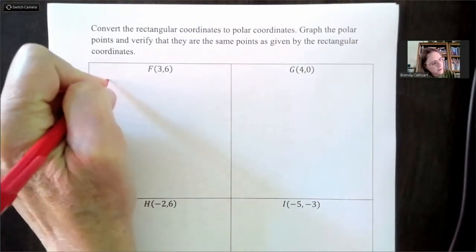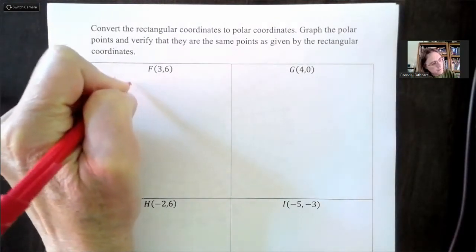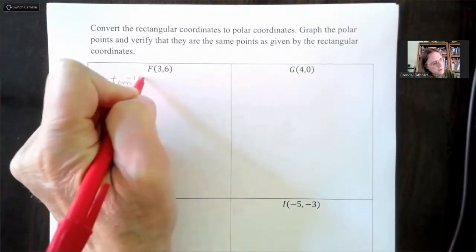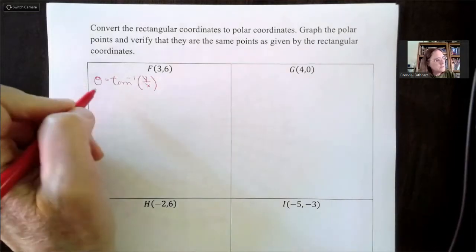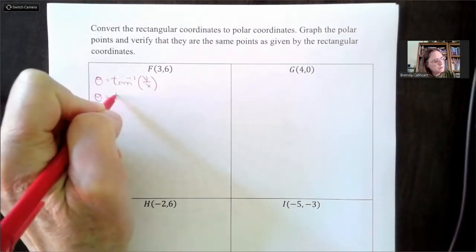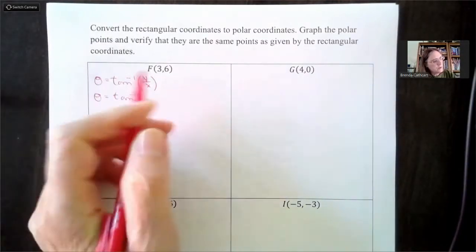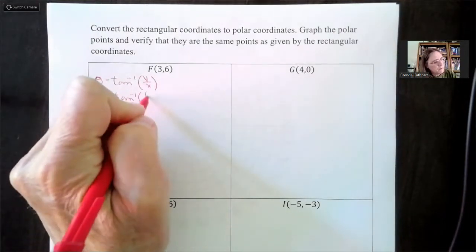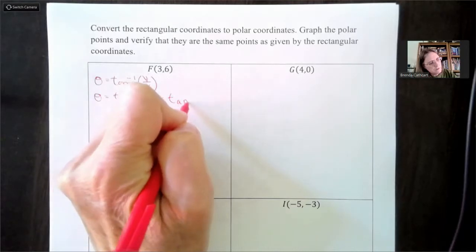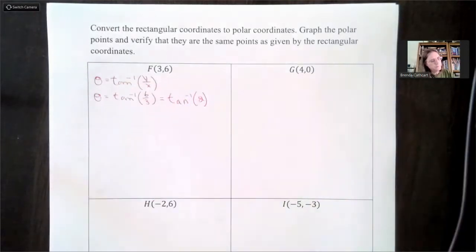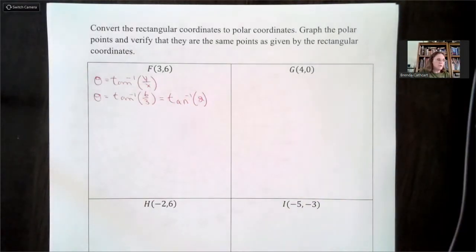Our angle theta is equal to tan inverse of y over x. In this case, theta is going to equal tan inverse of 6 divided by 3, and of course 6 divided by 3 is just 2. We're going to use our calculator. It's going to give us an angle back.